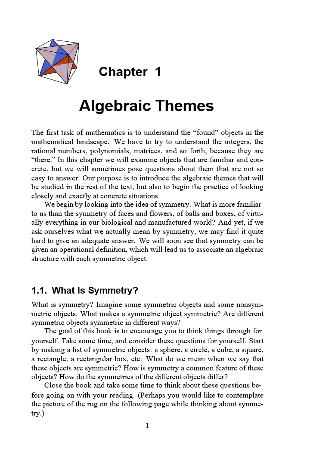So the text goes on to say the first task of mathematics is to understand the found objects in the mathematical landscape. We have to try to understand the integers, the rational numbers, polynomials, matrices, and so forth, because they are there. They are self-existent.